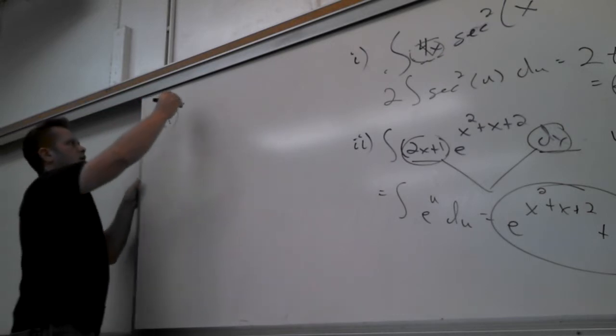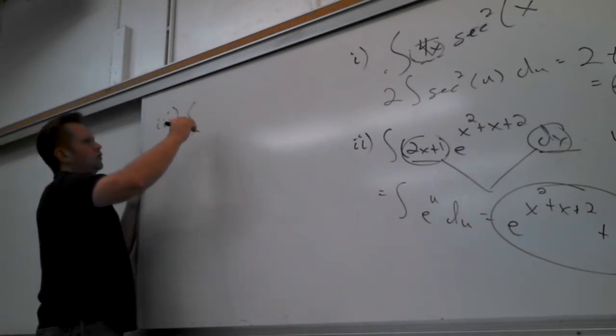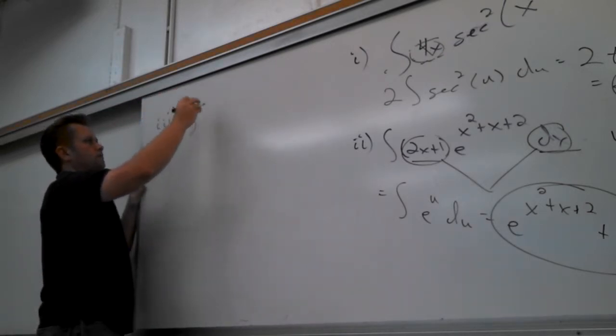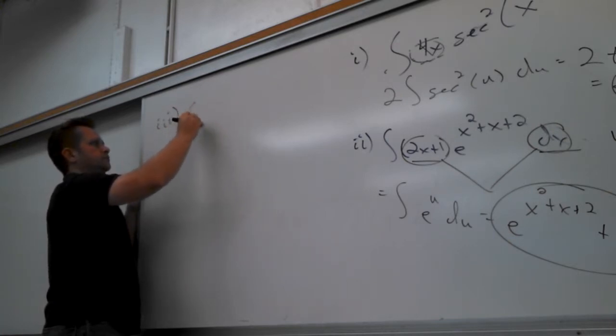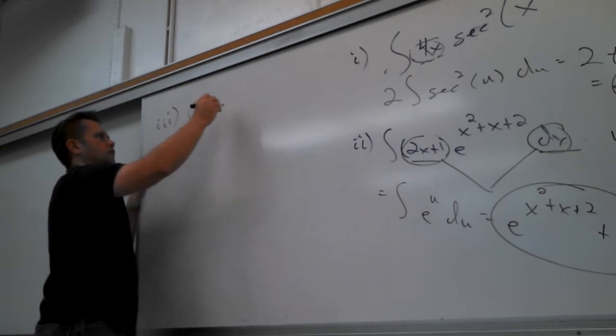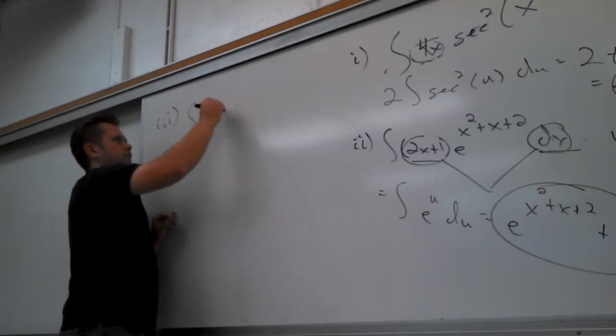The du means the derivative. So for e to the u, you're taking the derivative of e to the u. The reason that's okay is because you define u to be the derivative of u.